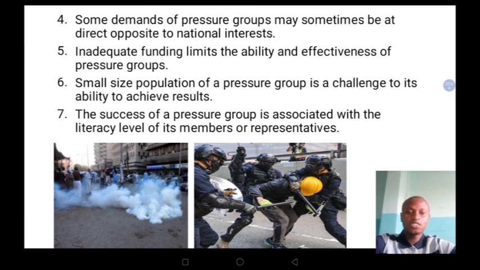For example, a market women association, if they don't have educated members, they may not be able to achieve much. The level of their achievement or success would not be compared with that of the NMA, or NUT, or NUJ.